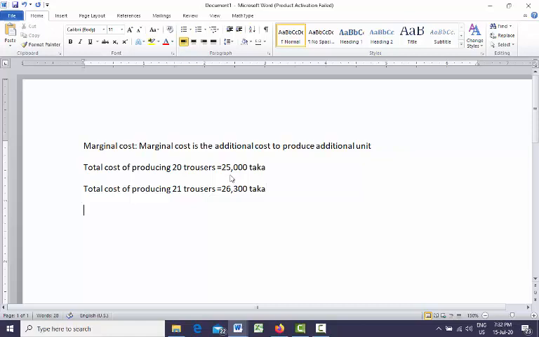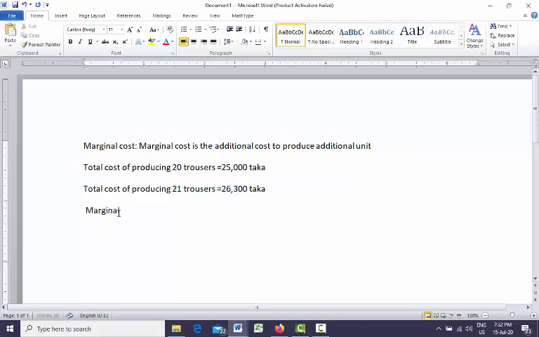So you can see, the total cost of producing 20 trousers is 25,000 taka, but if you want to produce one more trouser, then it will cost you an additional 1,300 taka. That means this is the marginal cost.